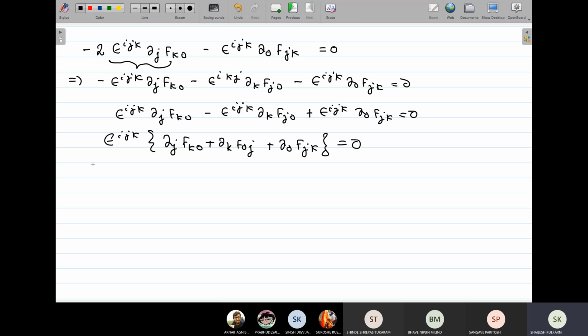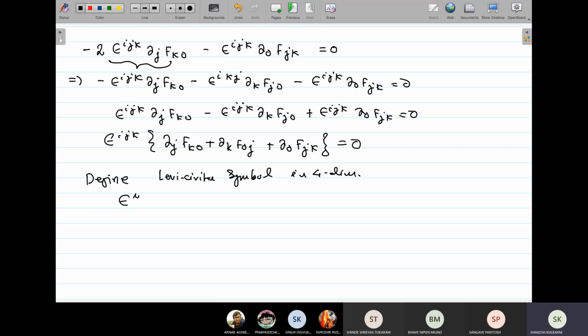Now let us define the Levi-Civita symbol, which actually turns out to be a tensor in 4 dimensions.